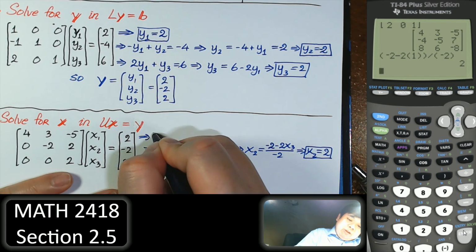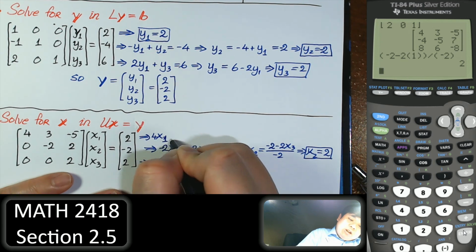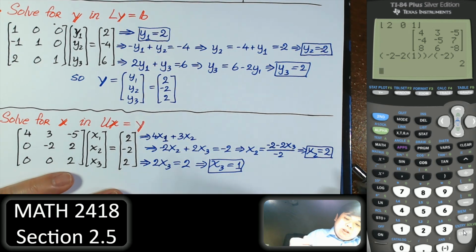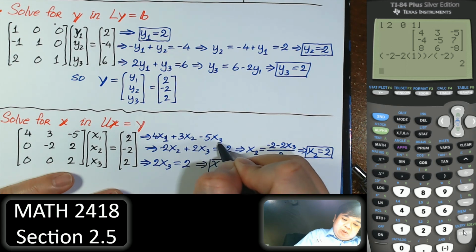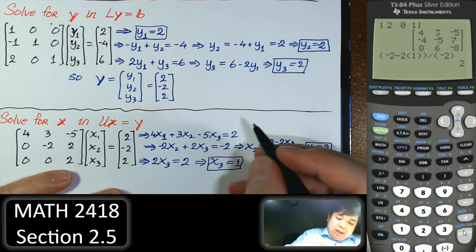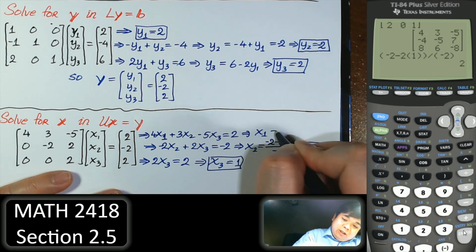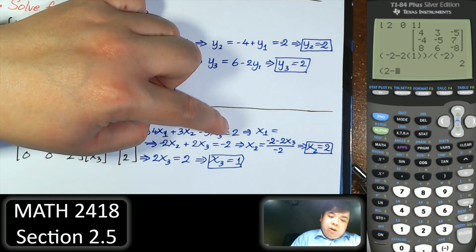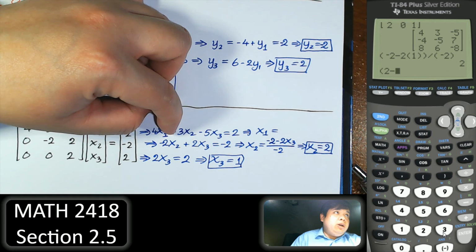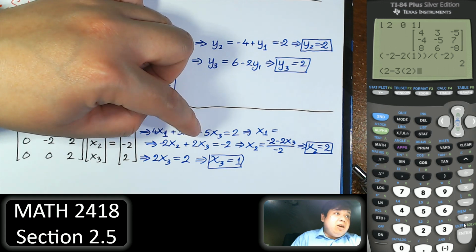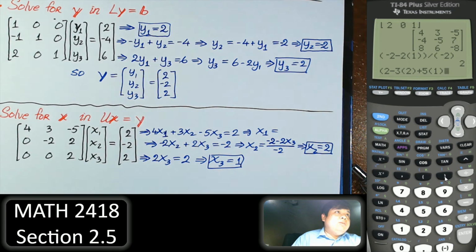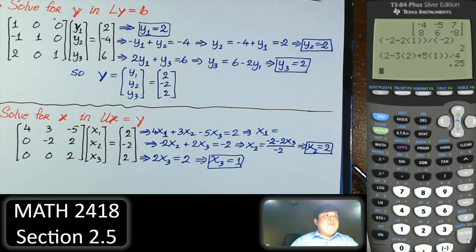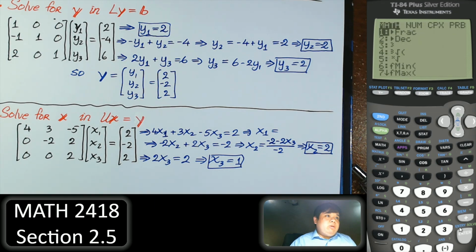And from here we have 4x1, sorry, 3x2 plus 5x3 equal to 2. And then from here we can just solve for x1, which will be 2 minus 3x2, which is 2, plus 5x3, which is 1, divided by 4, which is 1/4.